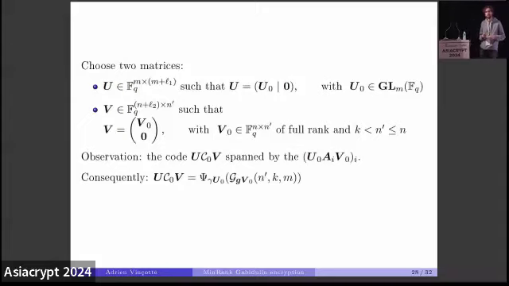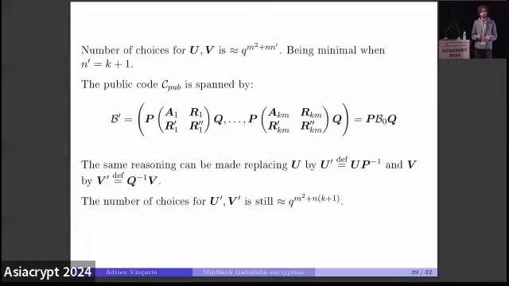By the properties of matrix Gabidulin codes, you obtain that UC0V is also a matrix Gabidulin code, but with a different evaluation vector and a different basis. So we have to compute the number of choices of U and V, which is approximately this number.